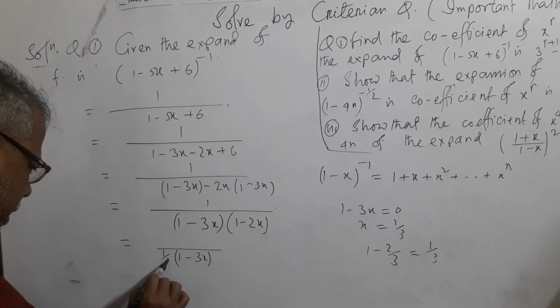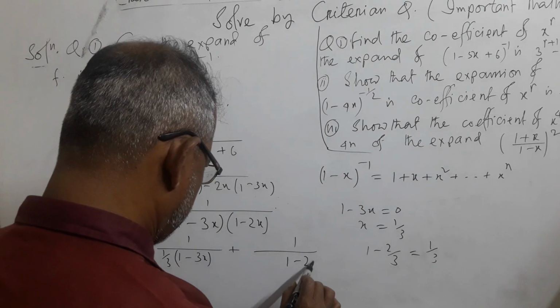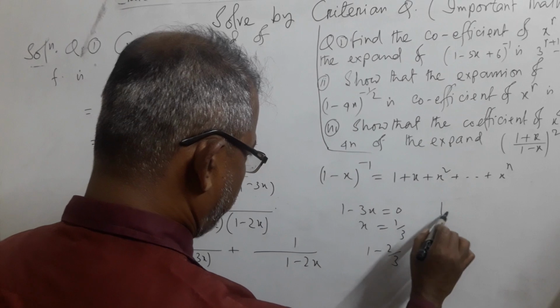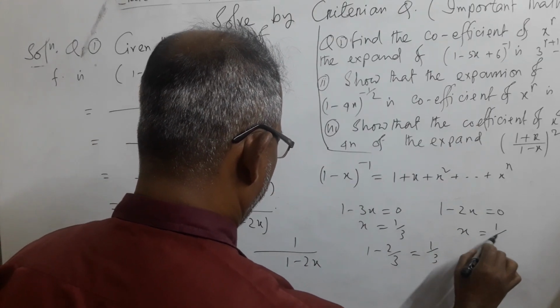And 1 minus 2x equal to 0 gives x equal to half.